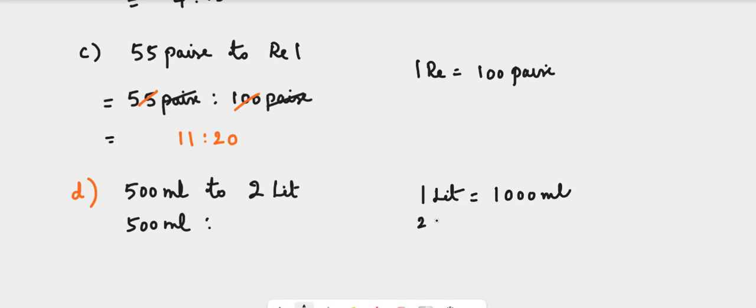So 2 liters is equal to 2000 ml. So 500 to 2000. Milliliter will get cancelled. Here 2 zeros cancel, then the table of 5: 5 ones are 5, 5 fours are 20. So 1:4. This is the required ratio.